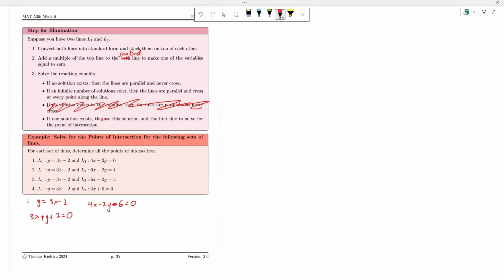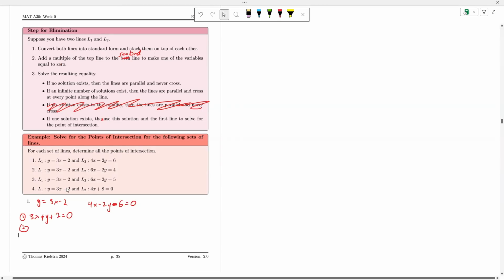Now, this is our line 1, and our line 2 is 4x minus 2y minus 6 equals 0.